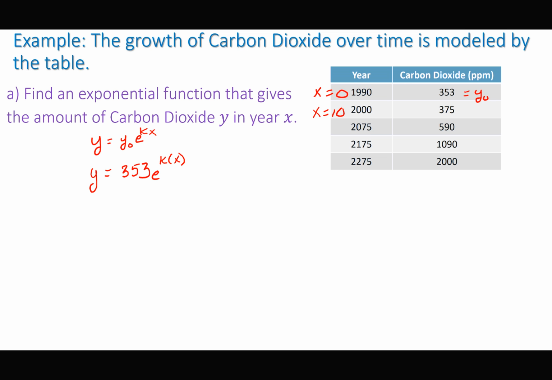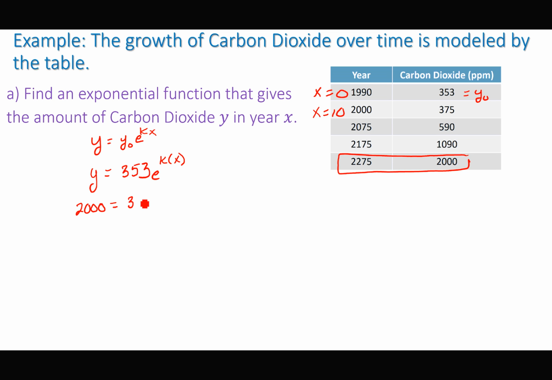I am going to use this bottom row of data to figure out what k is. I know the amount of carbon dioxide is going to be 2,000.